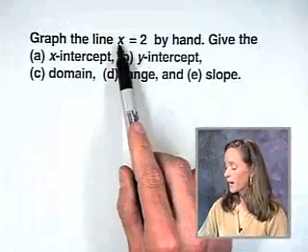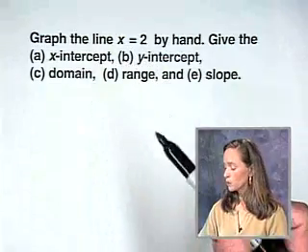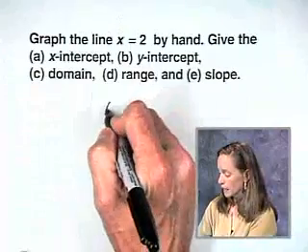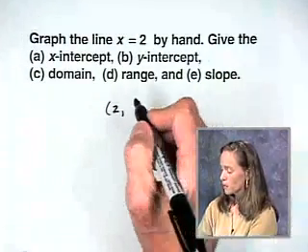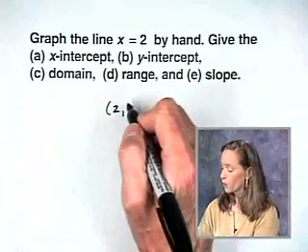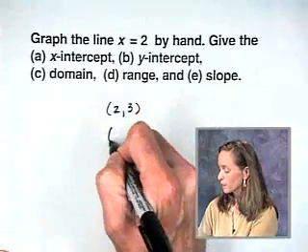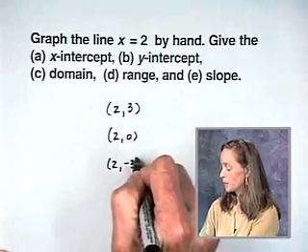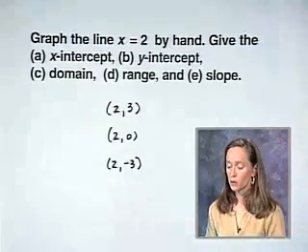For this line, x is fixed to be 2. To come up with 3 ordered pairs, we specifically use 2 for x, but can pick anything we want for y. Let's use 3, and then 0, and maybe -3 as 3 ordered pairs.